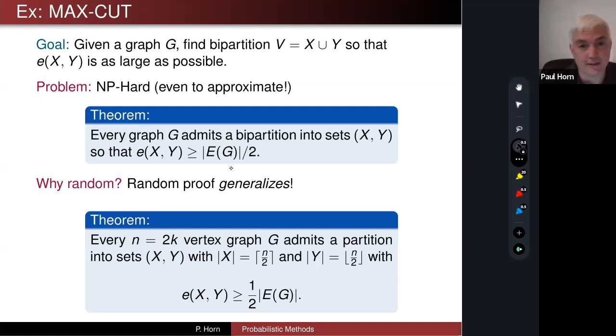But you could do something like the following: you randomly arrange the vertices, you randomly partition the vertices, take the first half, call that X, take the second half, call that Y, and compute the probability that an edge crosses the cut.